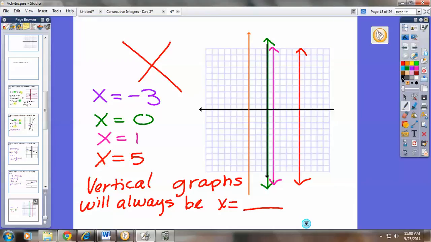You see the V? X is made up of 2 V's. V for vertical. Remember that. A vertical graph is x equals. And the way to help you with that, the x makes a V. Might help you remember, which is going to be x equals, y equals.